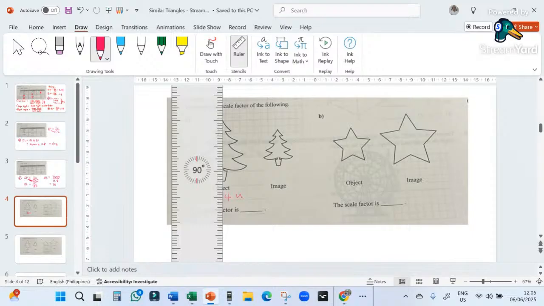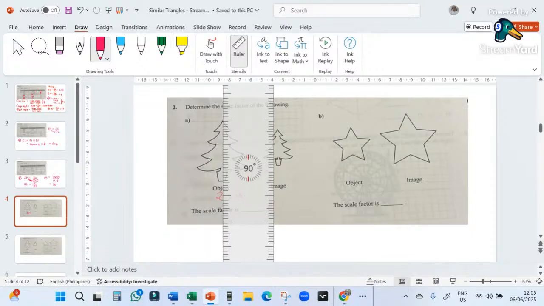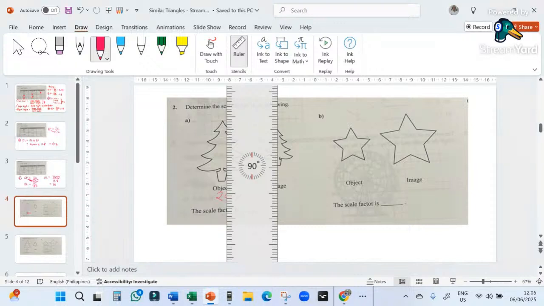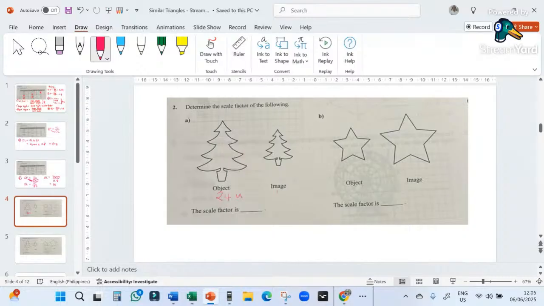I'll pull out my ruler again and try to measure the image this time. It's saying I have 14 units altogether. Now the formula of scale factor is equal to image length over object length.